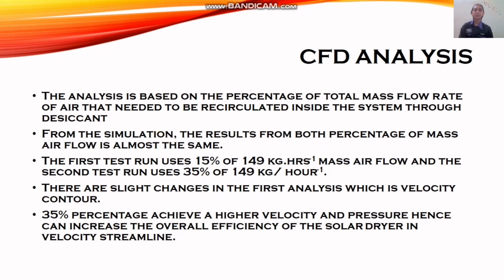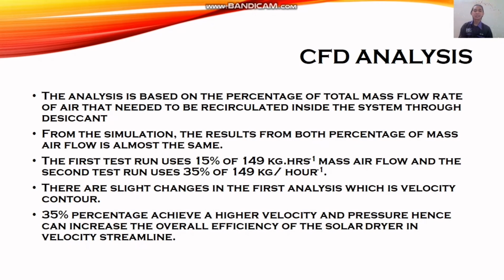Okay, CFD analysis. The analysis is based on the percentage of total mass flow rate of air that needed to be recirculated inside the system through the desiccant. From the simulation, the results from both percentages of mass airflow are almost the same. The first test run uses 15% of 149 kg per hour mass airflow, and the second test run uses 35% of 149 kg per hour.